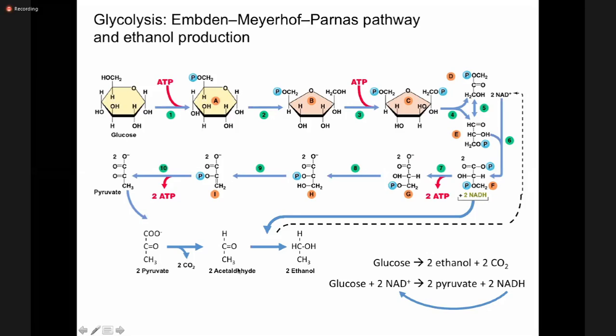We can try whether acetaldehyde can be converted to ethanol by enzyme reaction, for example, by using cell extract. If you prepare cell extract and put acetaldehyde into the cell extract, then wait for production of ethanol. Then if cell extract produces ethanol, that means acetaldehyde is the precursor for ethanol production.